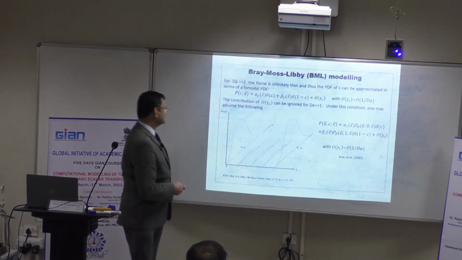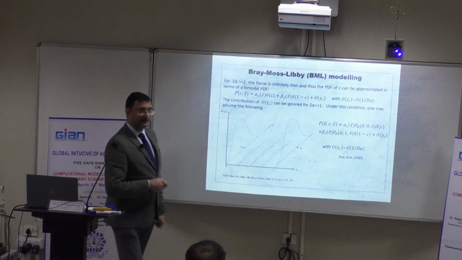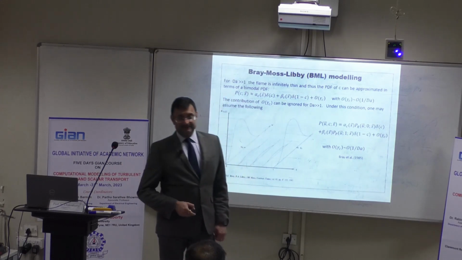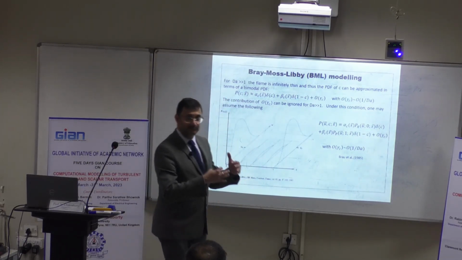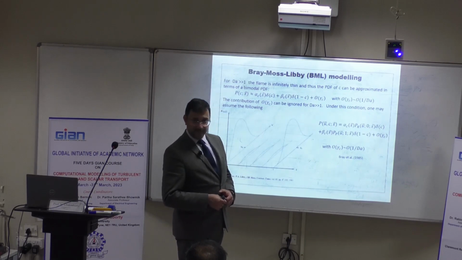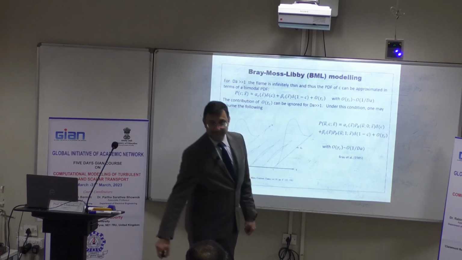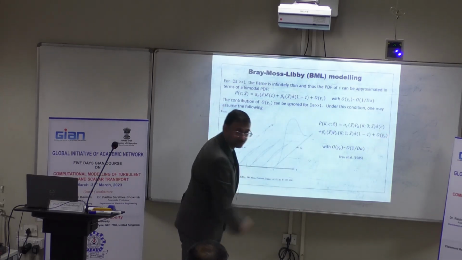PR is the probability density function of velocity in the unburned gas. PP is the probability density function of velocity conditional on fully burned product. Okay? And then this contribution once again is inversely proportional to Damköhler number. So for high Damköhler number, I can actually ignore that contribution.